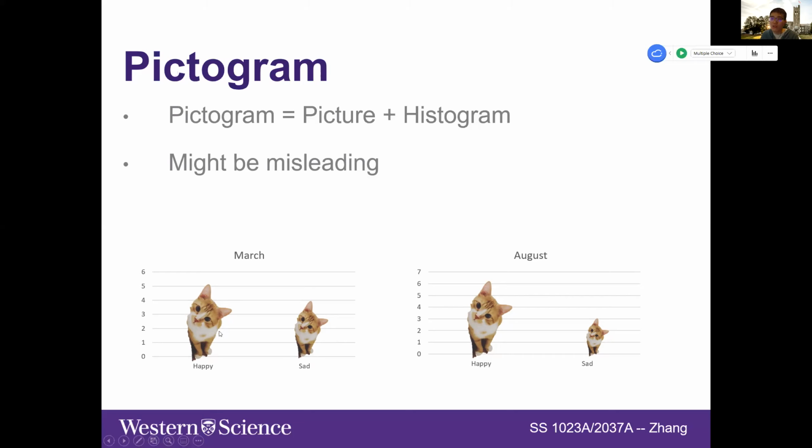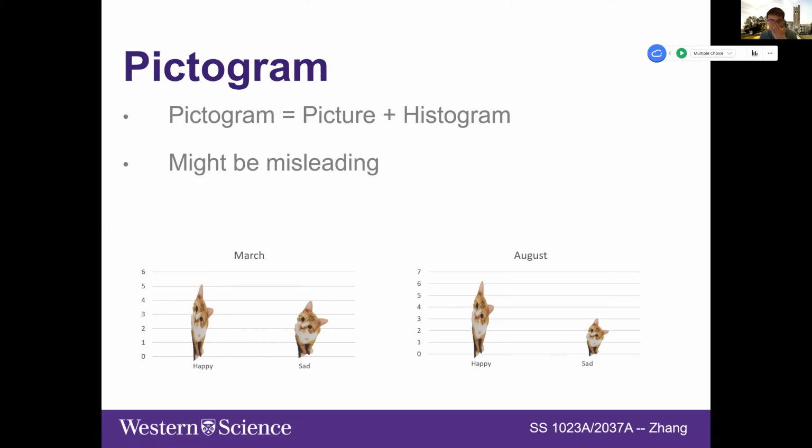Because the width of this picture is so large, it sometimes misleads us to think that happy has a much larger count than sad, although it actually only has one extra count. So make sure we keep the width consistent, so that the comparison is entirely based on the height rather than the size.